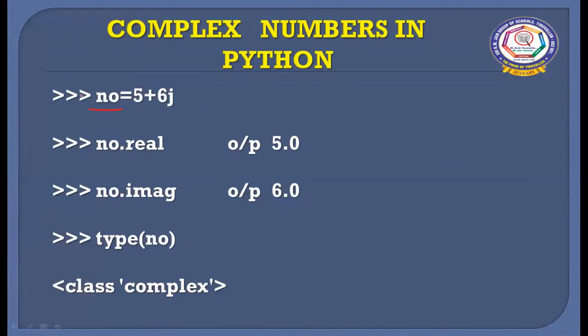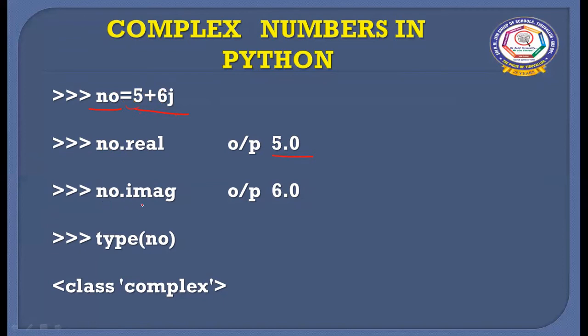Number is a variable where we are storing 5 plus 6j. We can take the real part separately and the imaginary part separately, if you want to know what your real part and your imaginary value are. So number dot real gives the real value of that particular complex number.